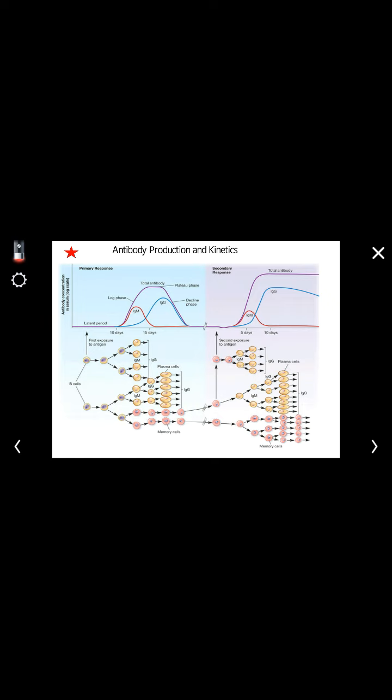So the first exposure to an antigen, your B cells split off. IgM, then IgG occurs. IgG occurs, it goes away, you get your plasma cells.